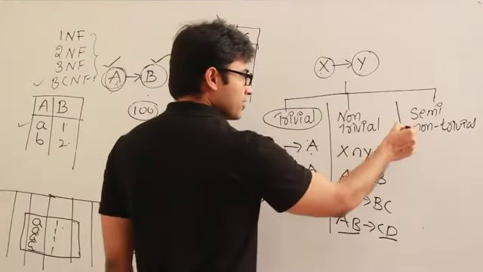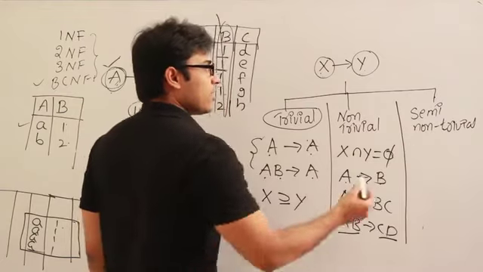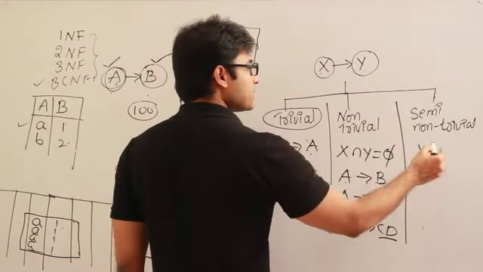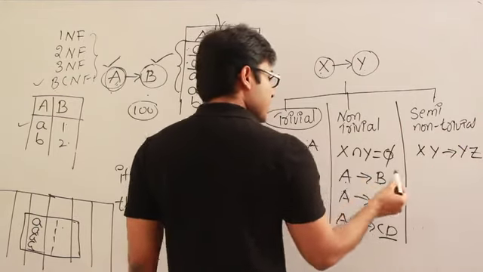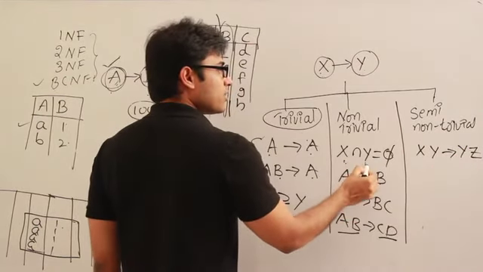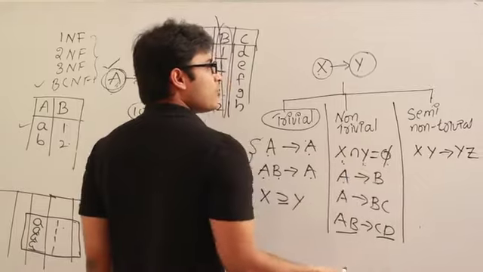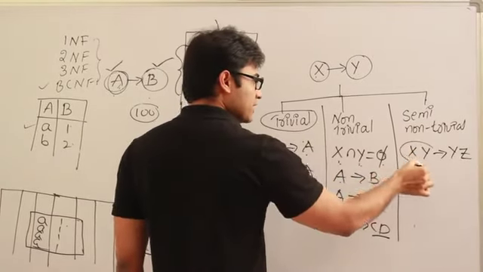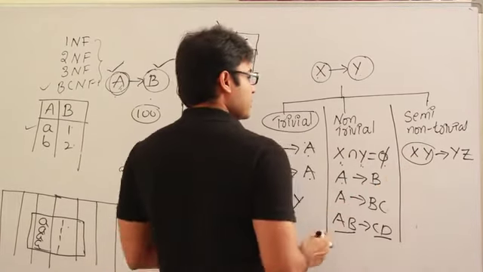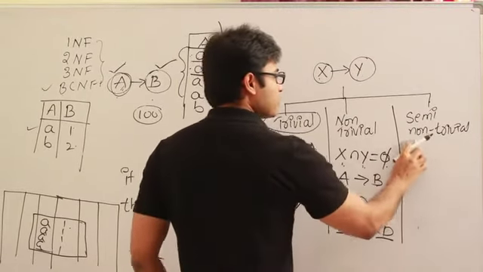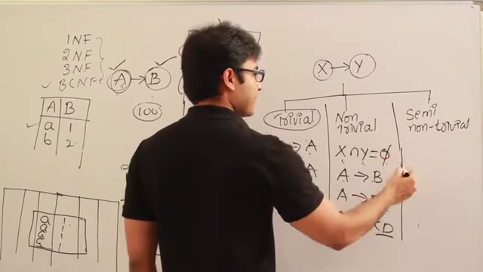And semi non-trivial dependencies are like this. Let us say xy derives yz, which means the intersection is not phi, and moreover the left side is not a superset of the right side, okay? Let me use some other notation.